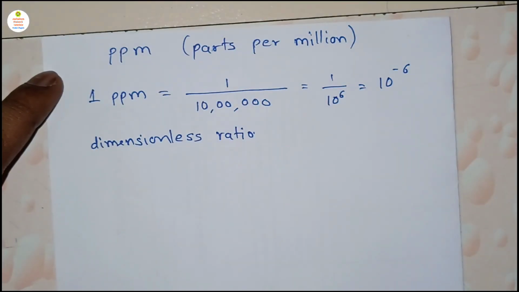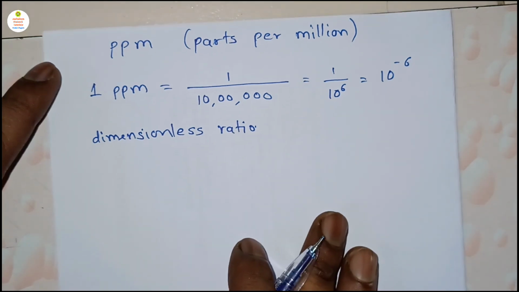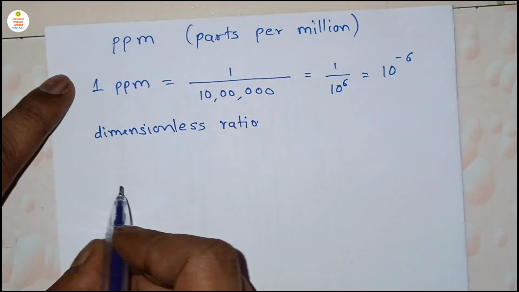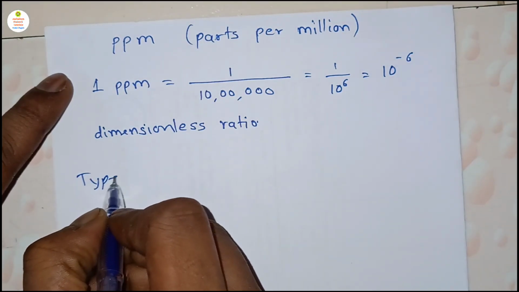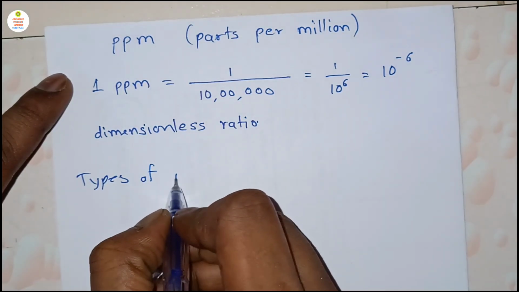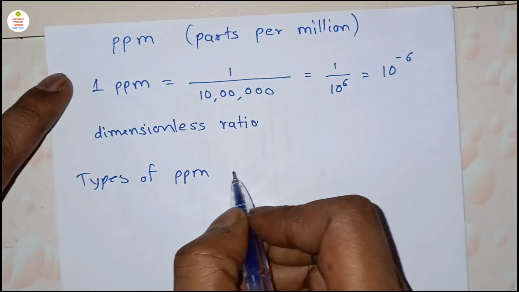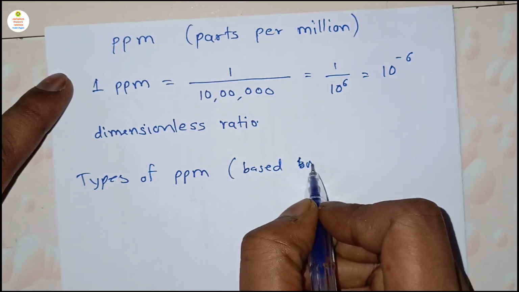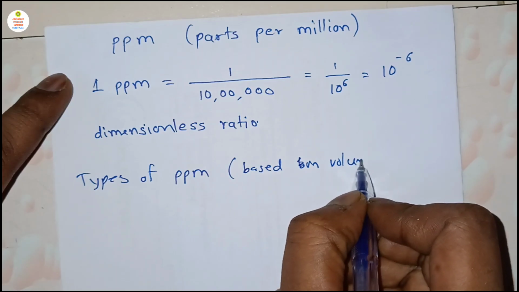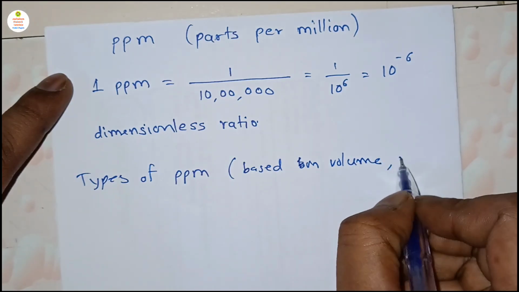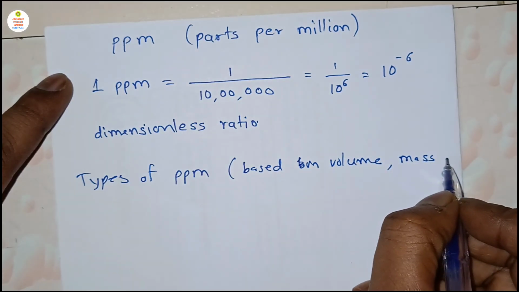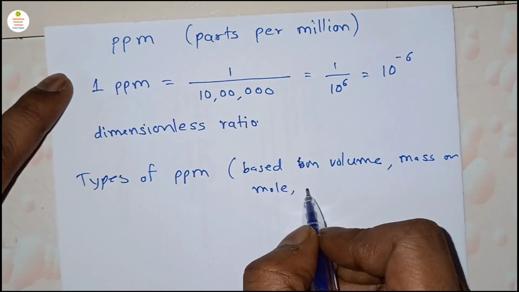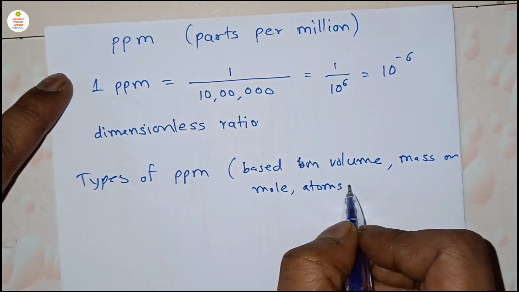Now we will see the types of ppm, which are based on volume or mass or mole basis, mole or atoms.